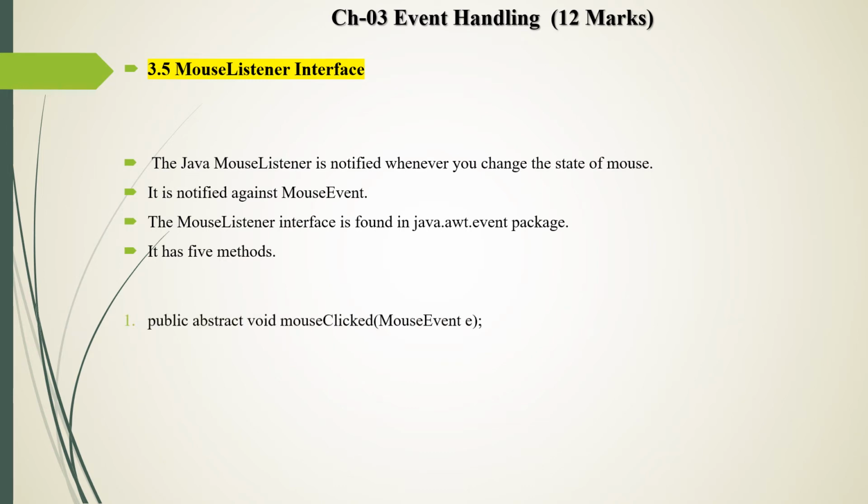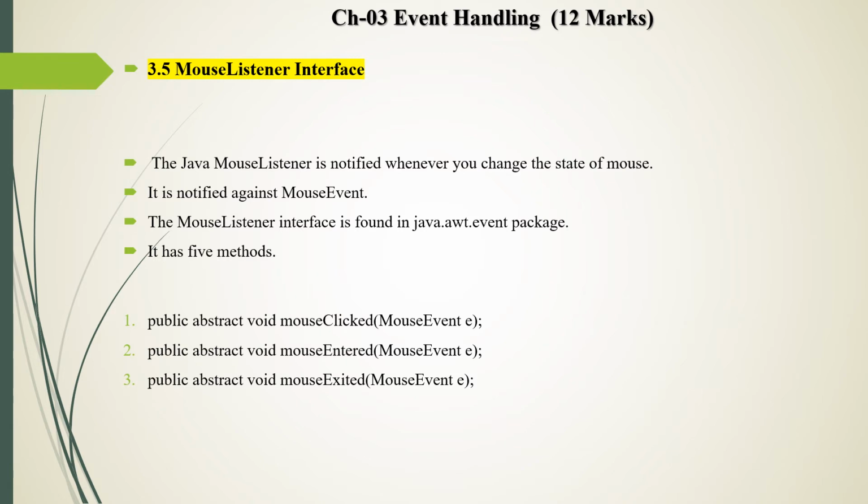First method is public abstract void mouseClicked. It has one parameter, that is an object of the MouseEvent class, and this method does not return any value, so the return type of this method is void. Second method is mouseEntered, which also has the same parameter and same return type.